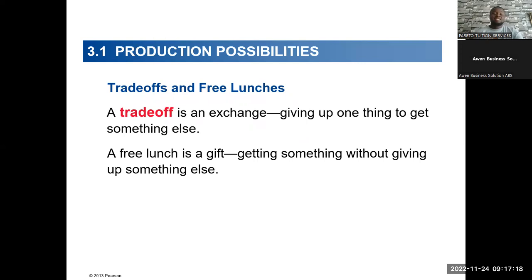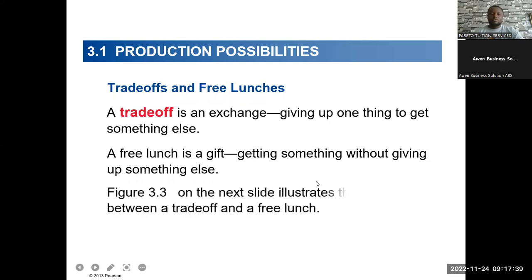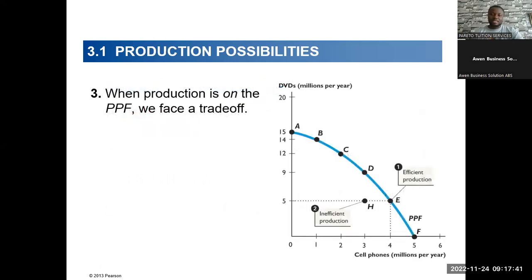But a free lunch is just a gift. You get more of one without sacrificing anything at all. Like the point H that we looked at. We could move to E by getting more cell phones without sacrificing any DVD. Or we could move to point D, where we got more DVDs without sacrificing any unit of what? Of cell phone. So let's look at this diagram here.